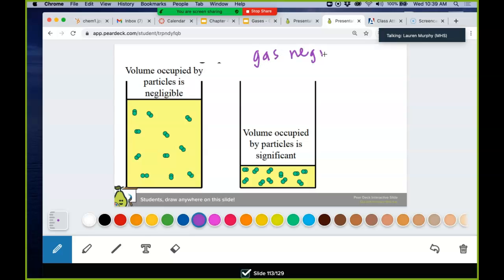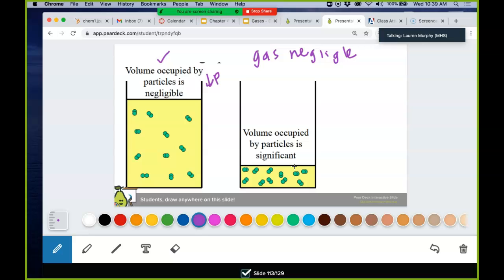That allows us to use the ideal gas law. Okay, so if you're in a really big container, so big volume, which would mean low pressure, the gas molecules barely make up anything. Most of the container is empty space, and only a tiny bit of it is gas molecules. So this holds true as long as you're not under a tremendous amount of pressure.